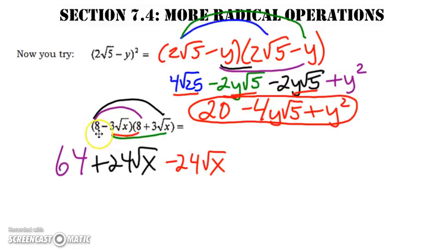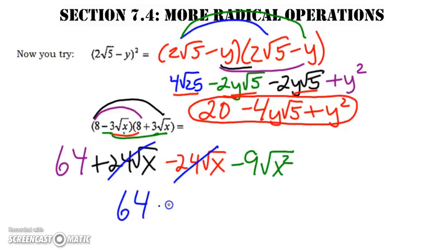And then the last, because this is negative 3 and positive 3, we're going to get negative 9 square root x times square root x, and an x times an x gives us x squared. The middle terms will cancel. And we get 64 minus, then the square root of x squared simplifies to just x, and we need to make sure that we have the absolute value.